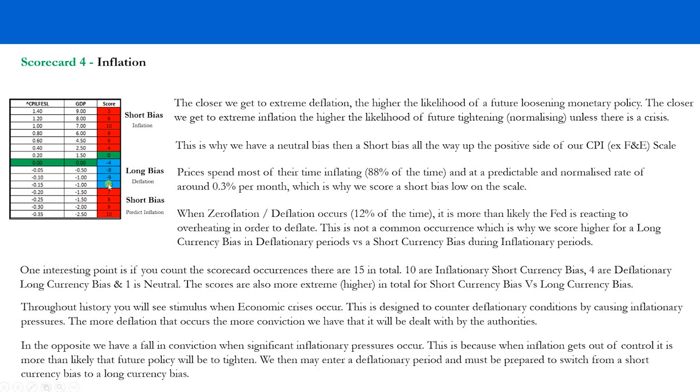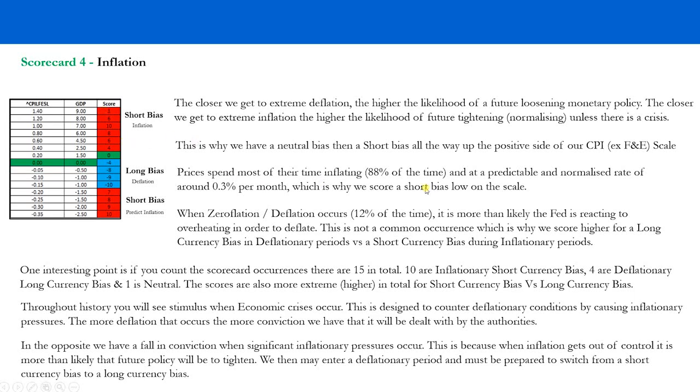So as with everything on our sliding scale, we have to be prepared to jump and change our mind when things get really nasty, get really out of control. In the opposite, when we look at the positive side, we have a fall in conviction when significant inflationary pressures occur. So when we get to extreme numbers, outside our normal bounds, we fall in conviction.